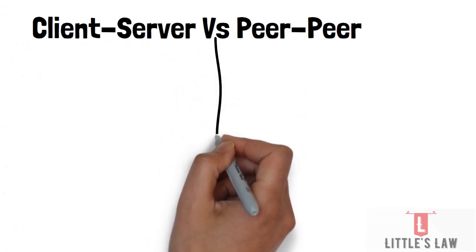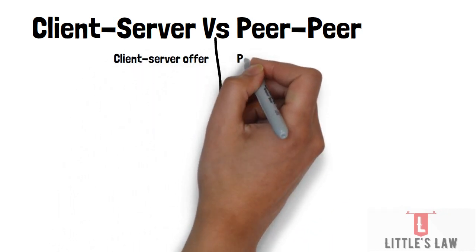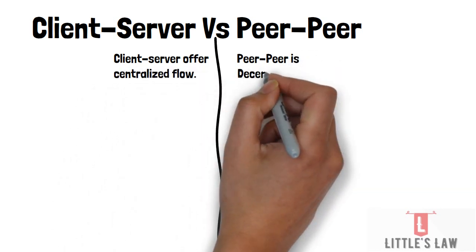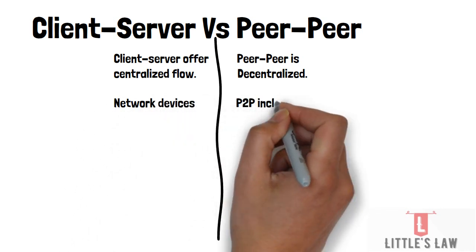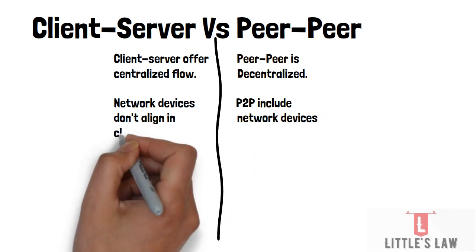And now let's see the difference between peer-to-peer versus client server. So what is the difference between a peer-to-peer and a client server architecture? Though the client server framework is the most popular distributed architecture, the most common alternative mentioned is peer-to-peer, which is P2P networks.